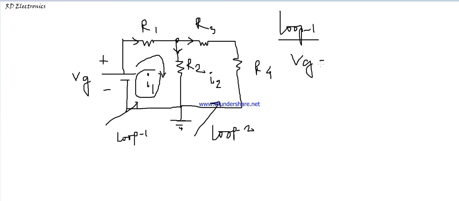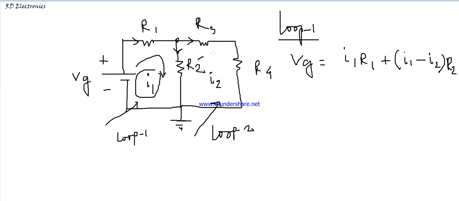So what is the KVL? Vg, this voltage source, equals the potential drops. There are two potential drops, across R1 and R2. The potential drop across R1 equals I1 into R1. And the potential drop across R2 is I1 minus I2 into R2.